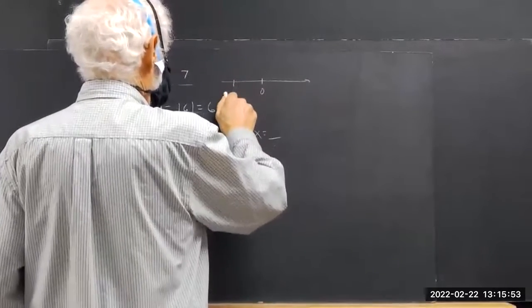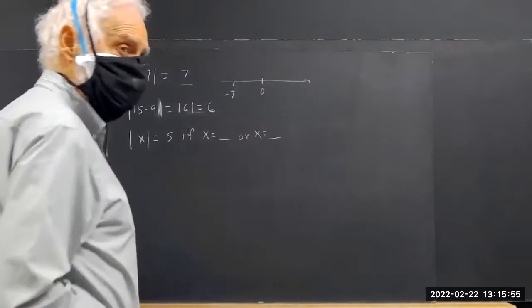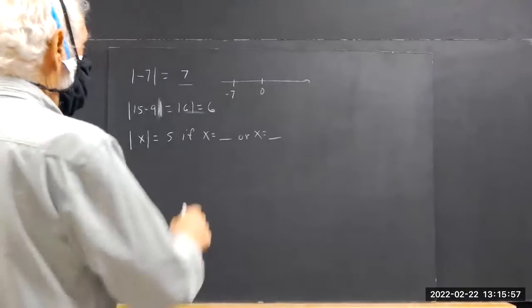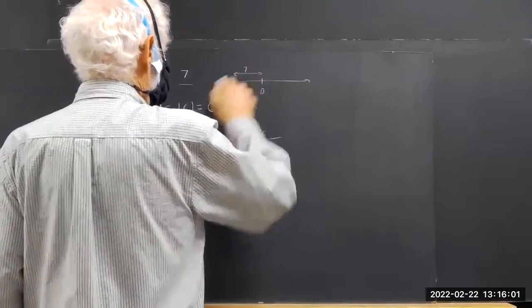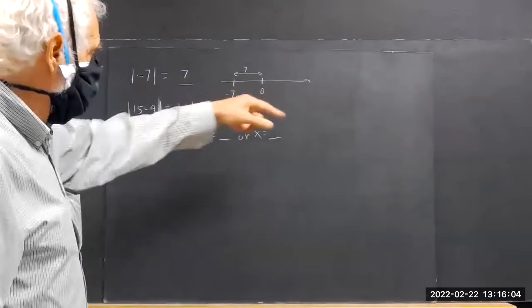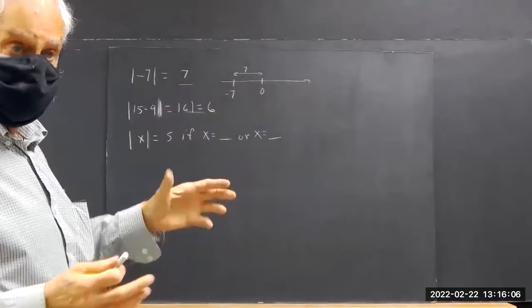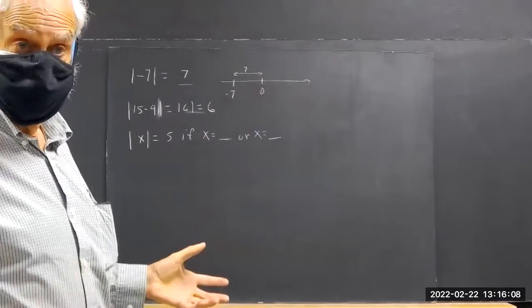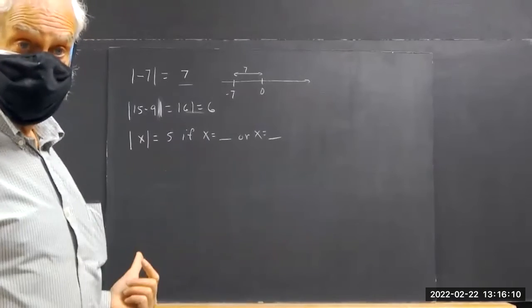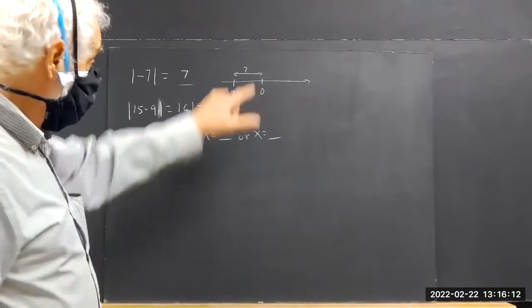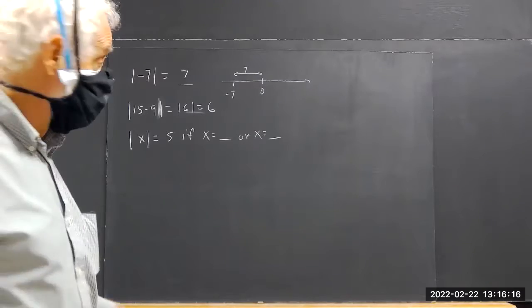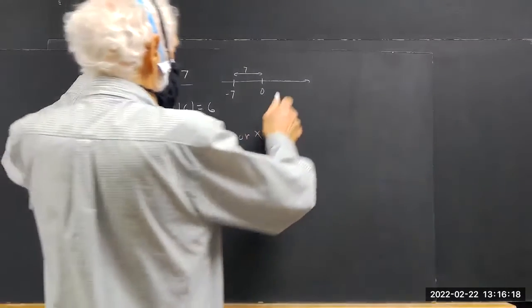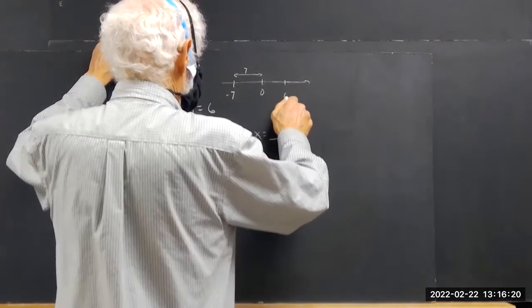Okay, picture of absolute value. Here's 0. Here's -7, right? How far is this? 7 units. Notice it's not just an arrow, it's a double arrow, so it just indicates how far, not whether positive or negative in a direction. The double arrow just indicates distance, which can't be negative. And over here we have 6.